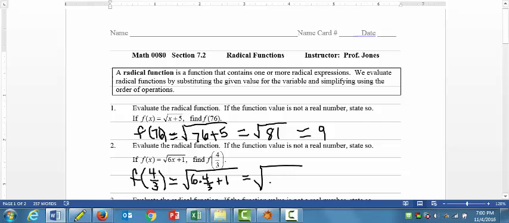So 6 times 4/3, I can actually divide the 3 into the 6 and I get 2.